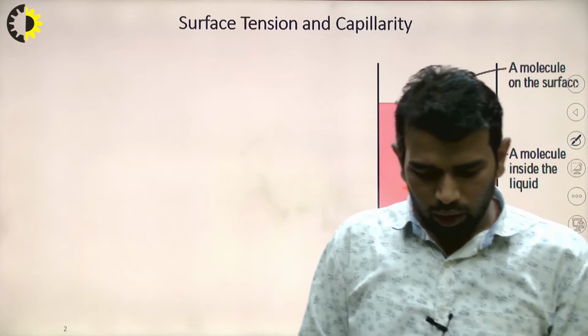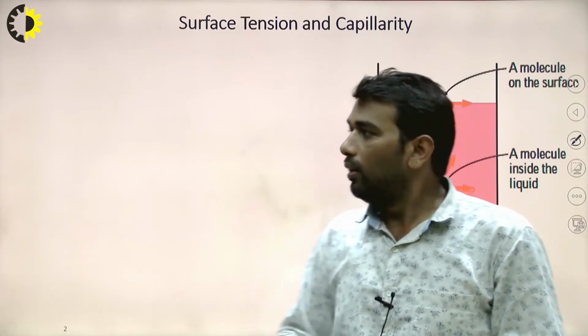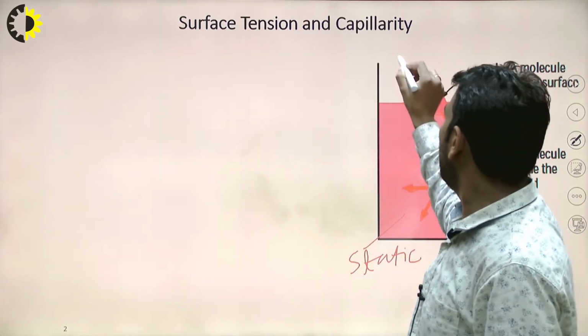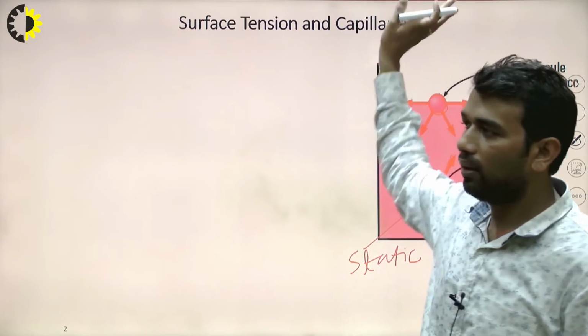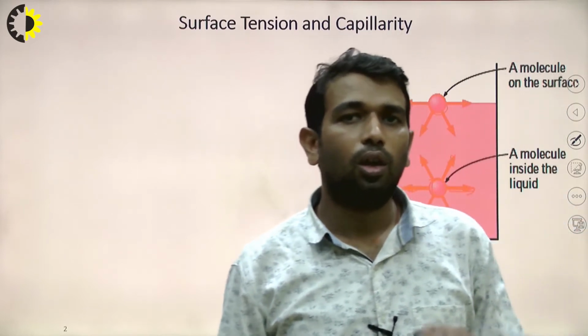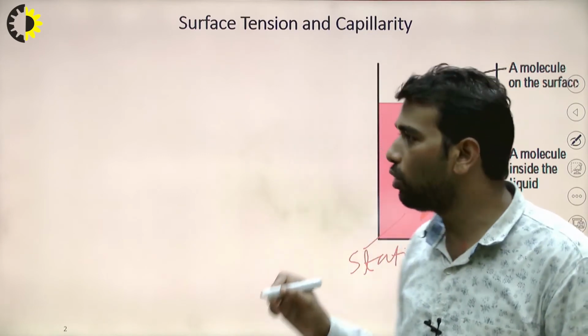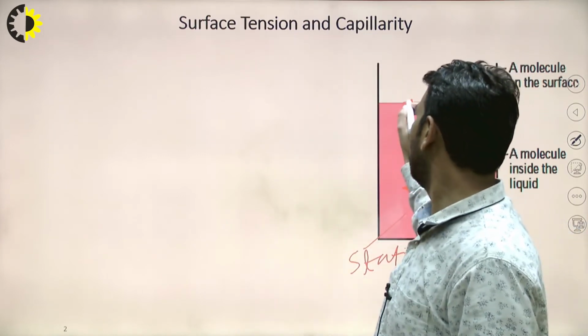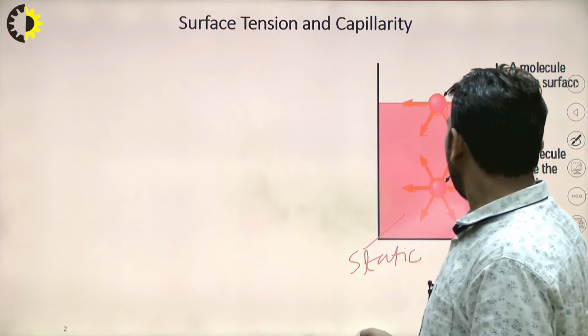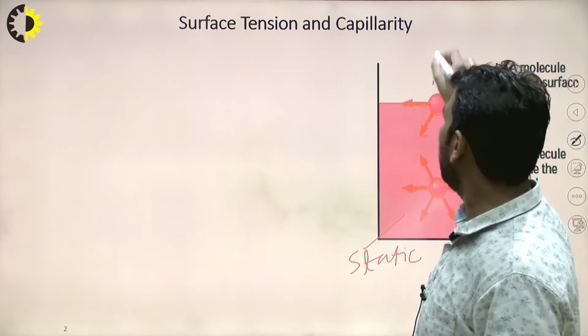At the surface, there is no fluid on the upside. So for the molecule at the surface, the cohesive force acts from the lower directions only, but there is no force in the upward direction.